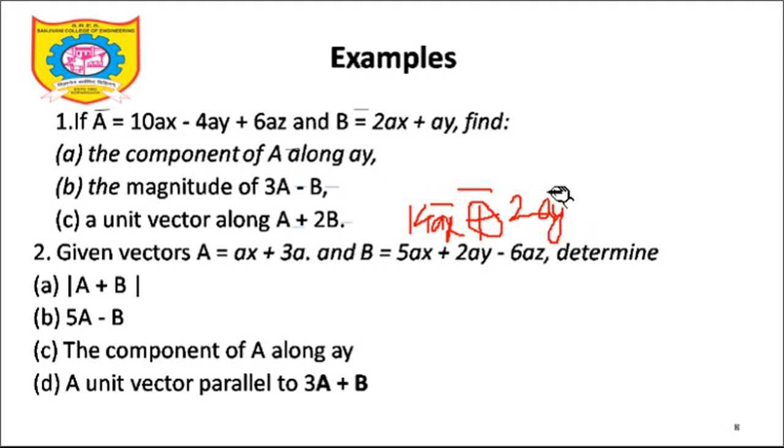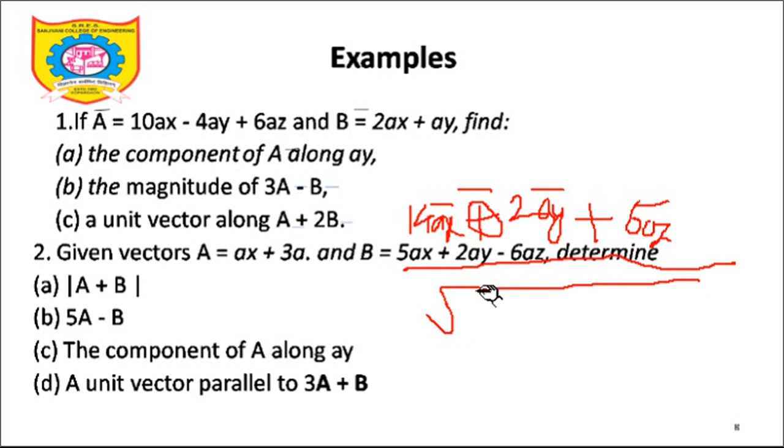What else? A bar has 6az bar, and I don't have any az bar component in B bar, so it will be 6az bar. So this is the vector A bar plus 2B bar. If I want to find the unit vector in the direction of this, what are you supposed to do? This vector divided by the square root of 14 square plus 2 square plus 6 square. That will be the unit vector along A bar plus 2B bar.